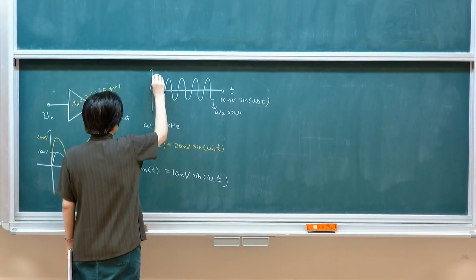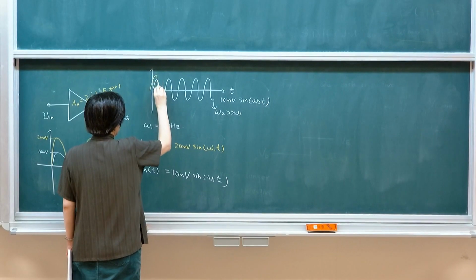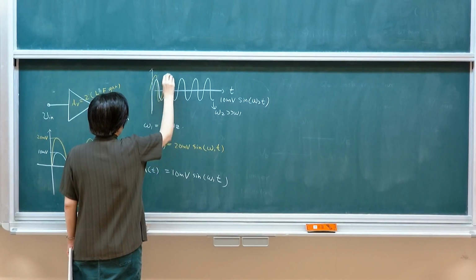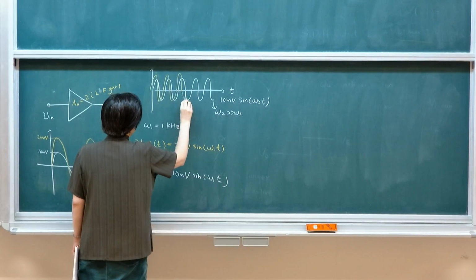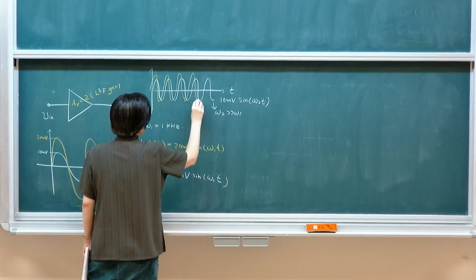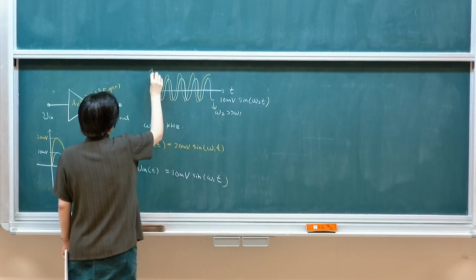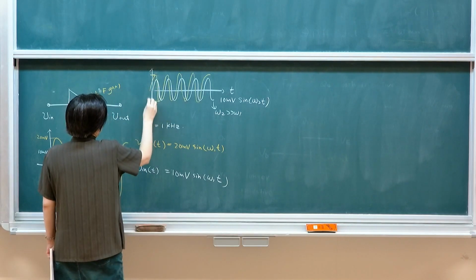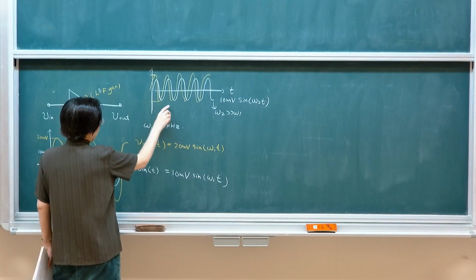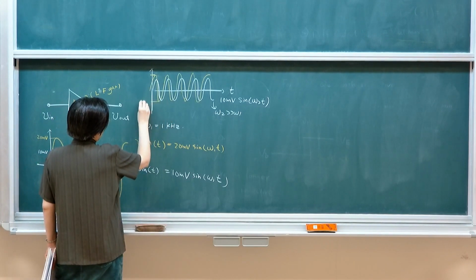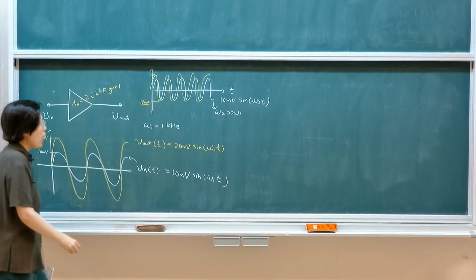The amplitude of the signal will be smaller, and then it will be lagging. Lagging meaning that it will follow, but the signal itself will no longer be 20. For example, this is 20, this is 10, it will be maybe 12 millivolt. I'm just giving an arbitrary number.